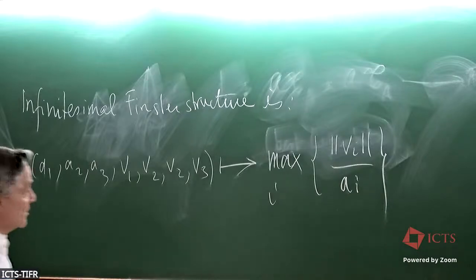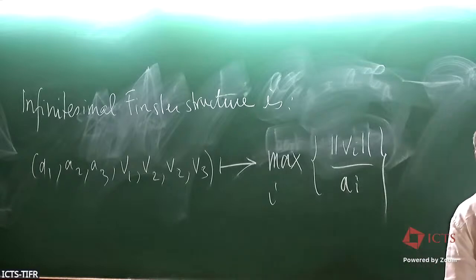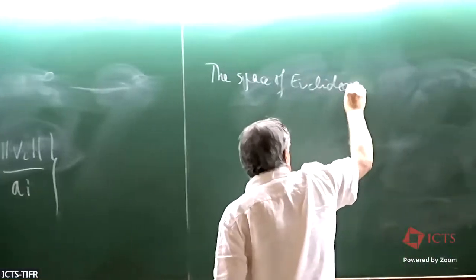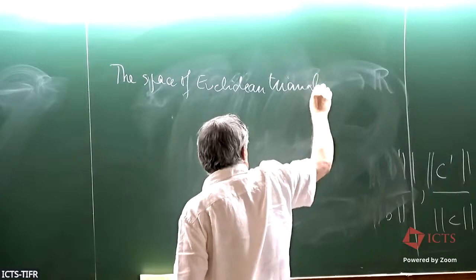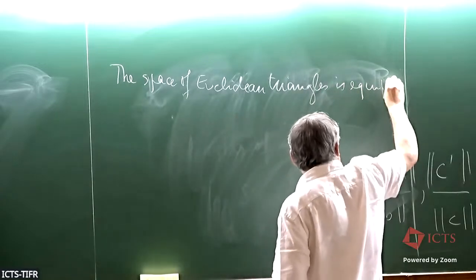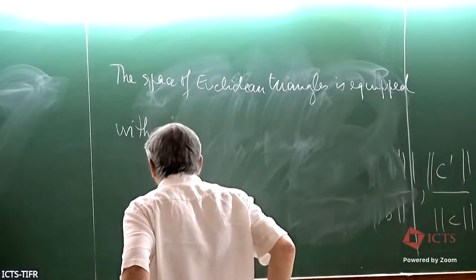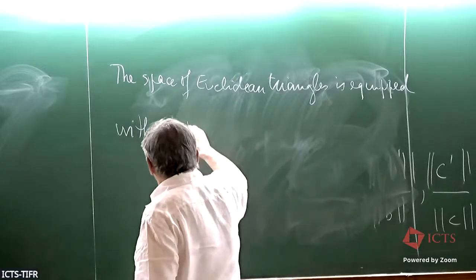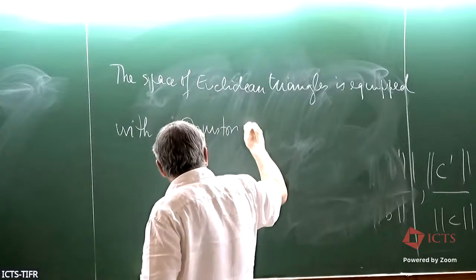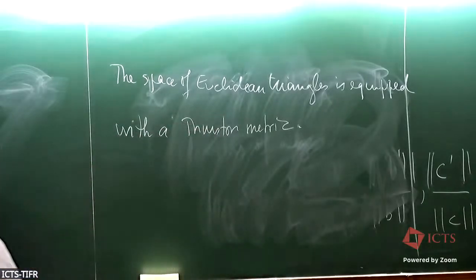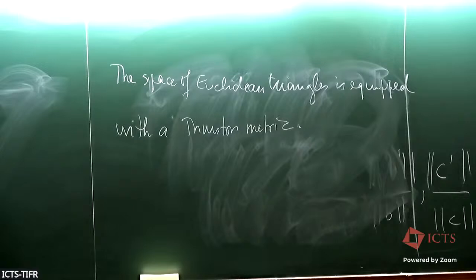This is the space of Euclidean triangles equipped with Thurston metric, where I can prove at least 3 or 4 theorems on the geodesics, which I won't tell you here.